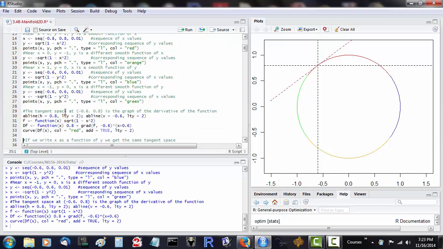And when I graph that using the curve function, you can see the dashed red line. That is the tangent line to the manifold.